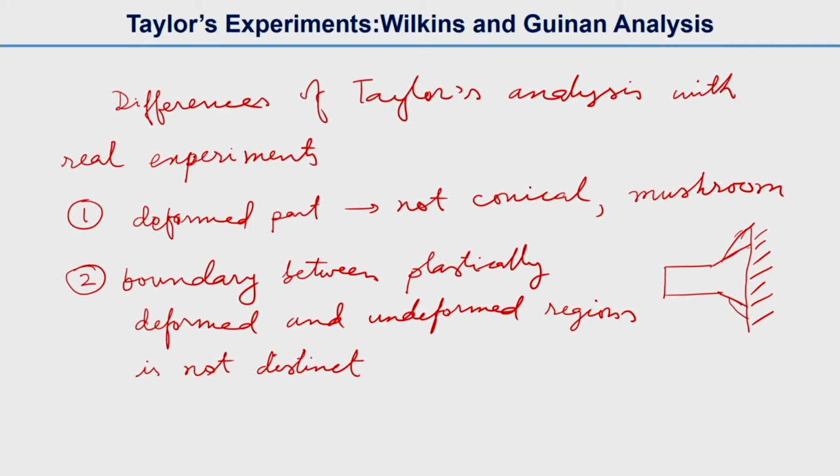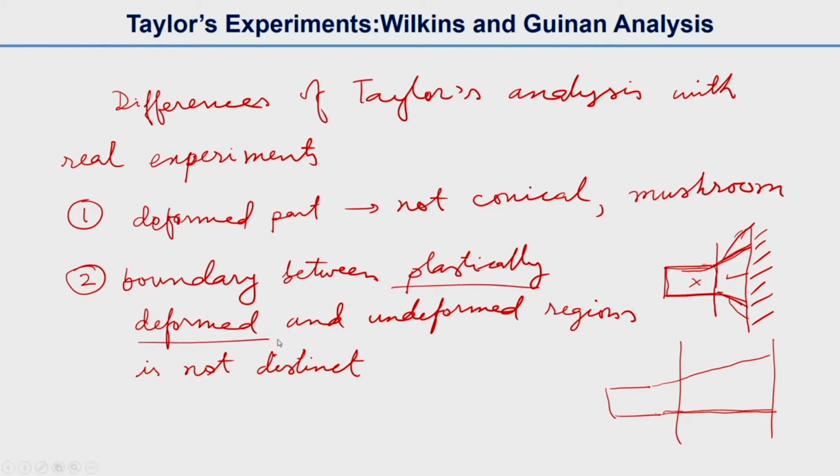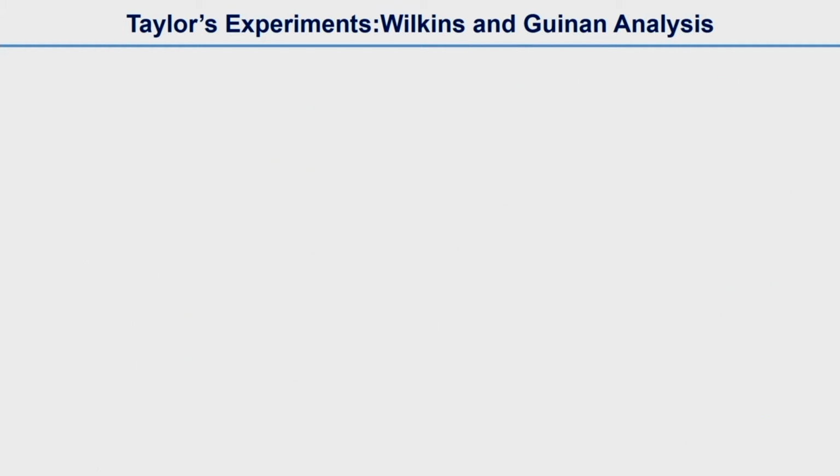That means the early Taylor analysis says that there is a clear boundary between the plastically deformed and undeformed part, but in real material sometimes there can be gradual deformation, where we cannot exactly know where the boundary between the plastically deformed and undeformed part is.